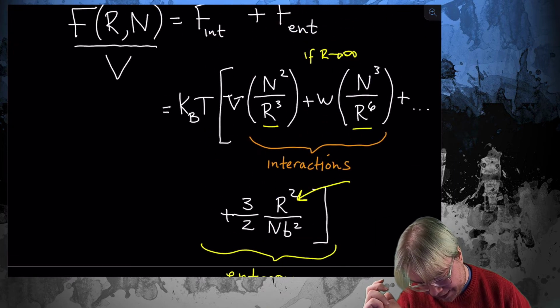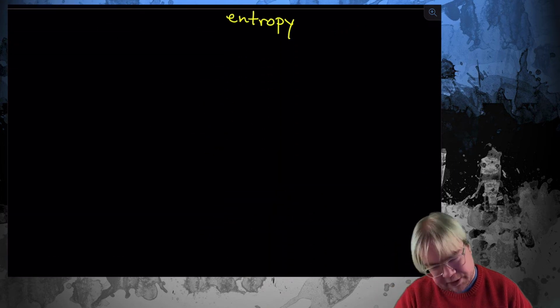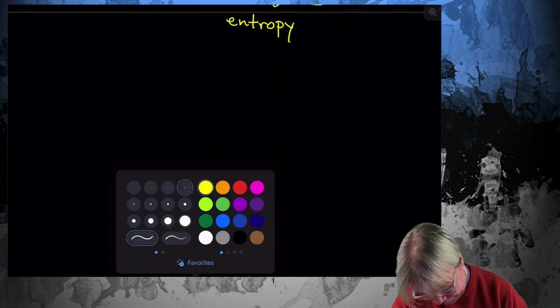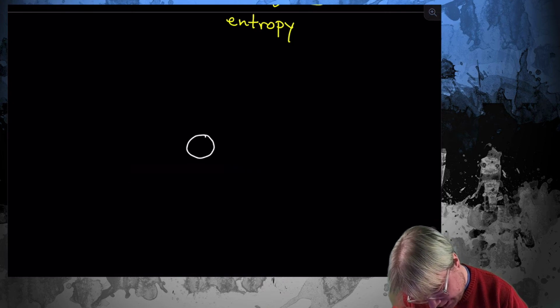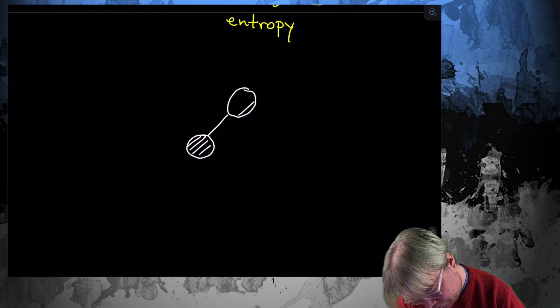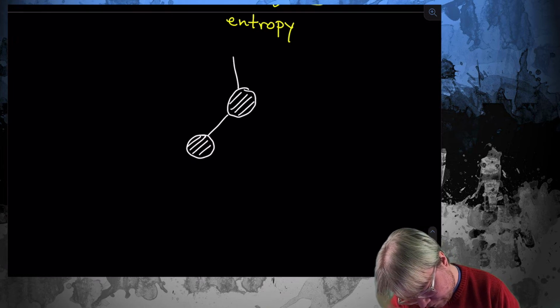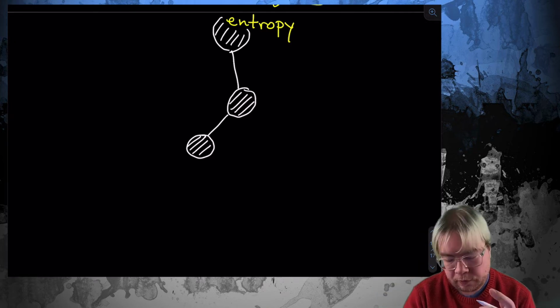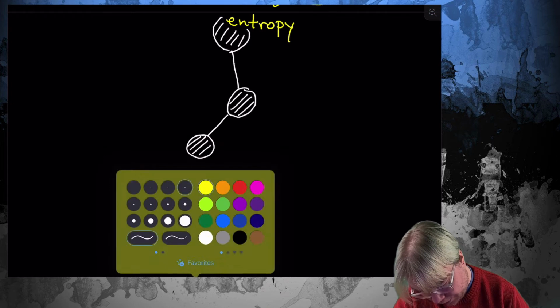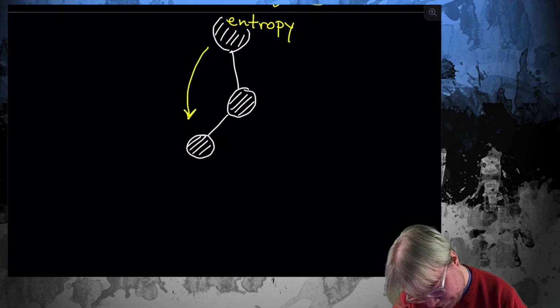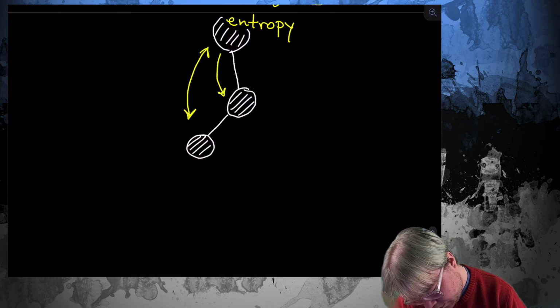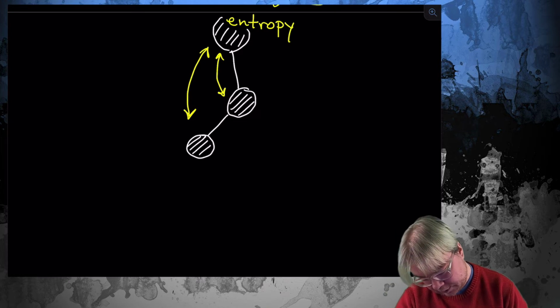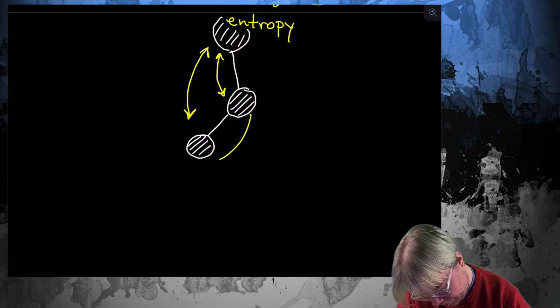I haven't said anything about w yet. Let me just say what w is before we neglect it. In a polymer chain, I've been drawing the polymer like this. What we've been talking about so far is what happens to the size of the chain due to interactions between pairs of monomers.